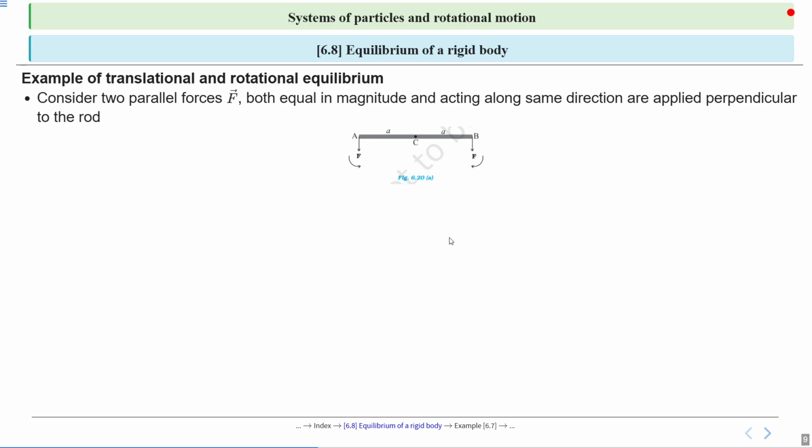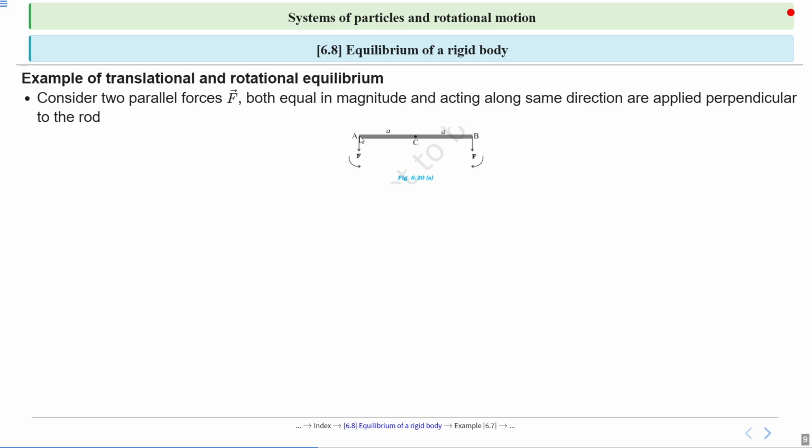We have a small rod whose mass is negligible, and two parallel forces are acting on the rod, at the two ends, A and B. Both are equal in magnitude and act in the same direction.